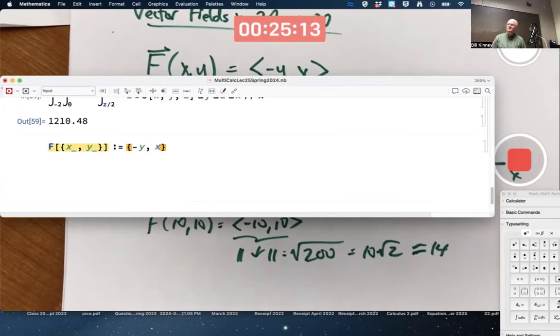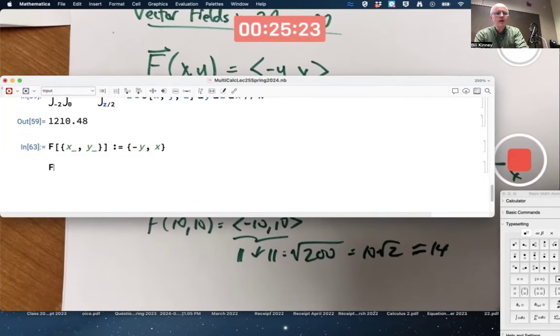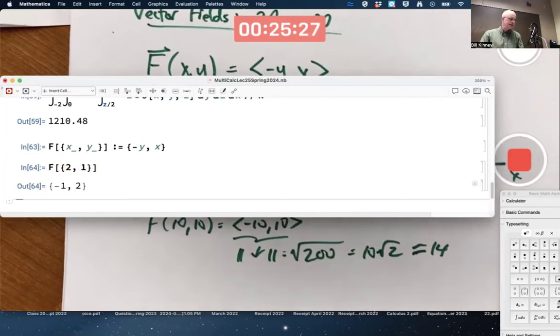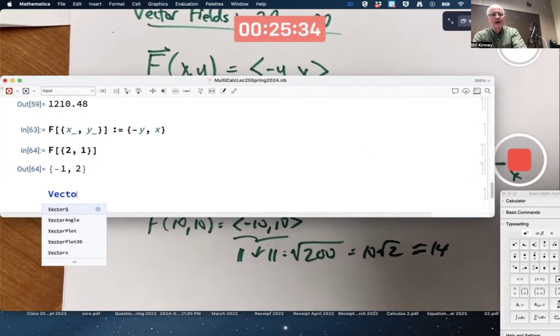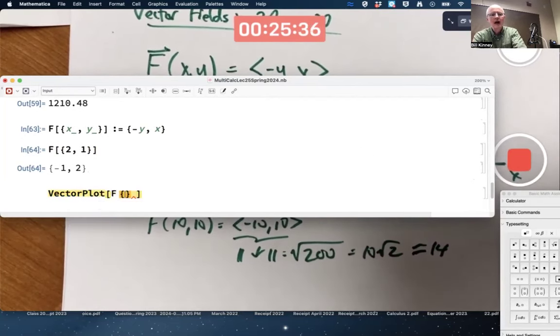The curly braces, sometimes they represent points, sometimes they represent arrows. It depends on how they're being used. This is effectively a way to define this vector field and, for example, see that f(2, 1) is ⟨−1, 2⟩. VectorPlot will plot the vector field.